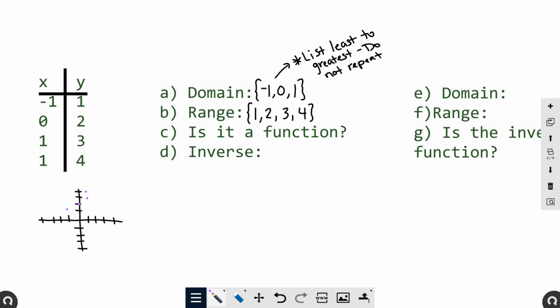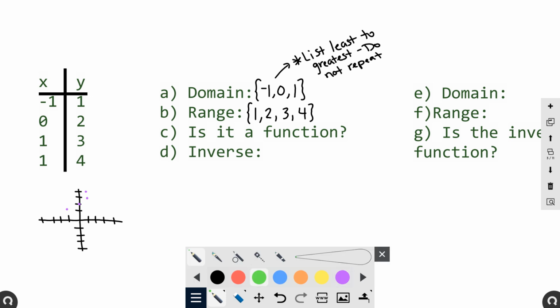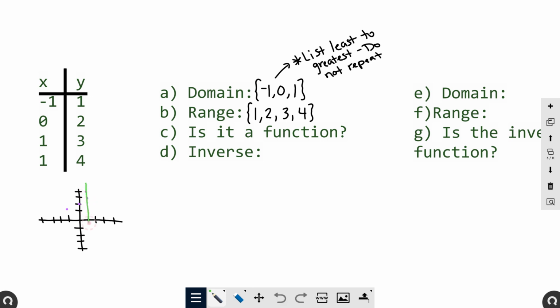Now, we check to see if it passes the vertical line test. Carter, you're already saying no. Why not? 2 points have the same X value, right? If I put a vertical line right here, it's going to hit both of those points. So is it a function? No. And a quick way that you can tell is that you can look at your x values.